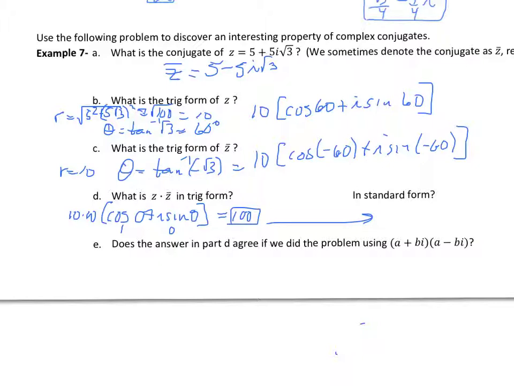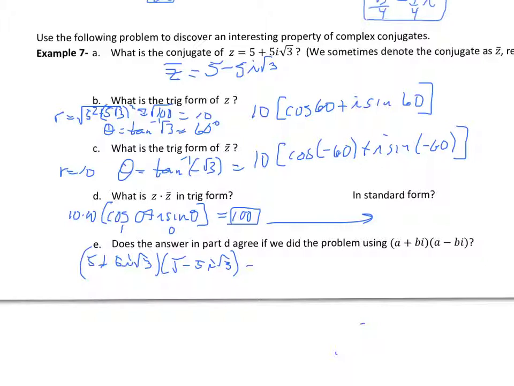All right, now the question is asked, does the answer in part D agree if we did the problem using a plus bi times a minus bi? So in other words, if I take 5 plus 5i root 3 times 5 minus 5i root 3, do I get the same answer? Let's see. So we're going to FOIL this, right?